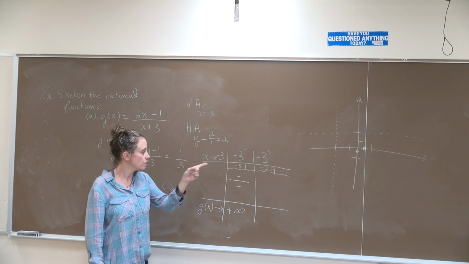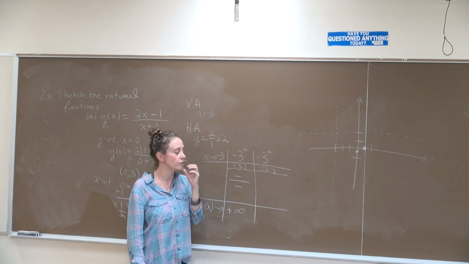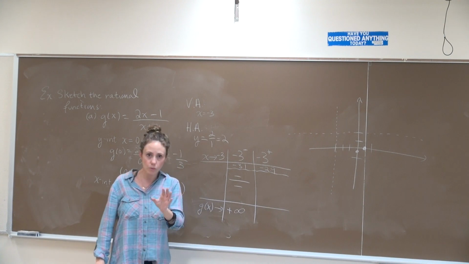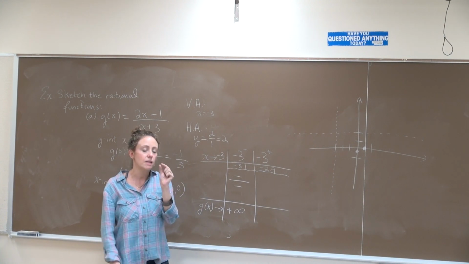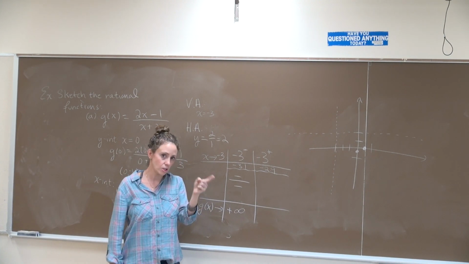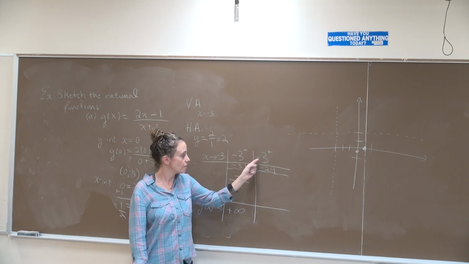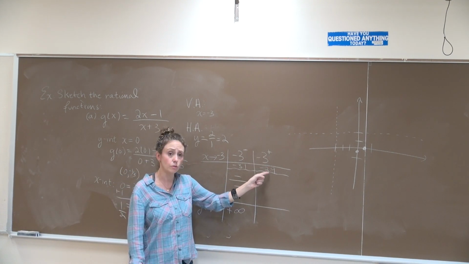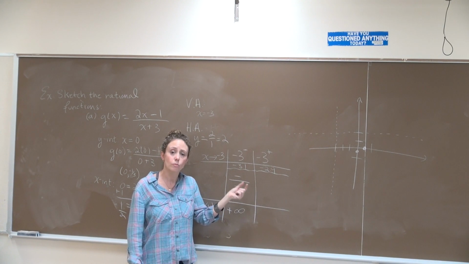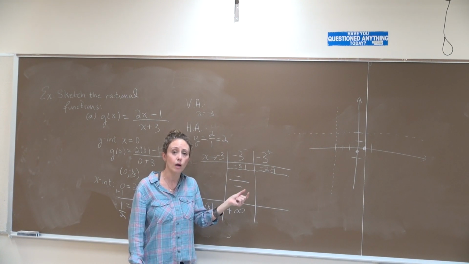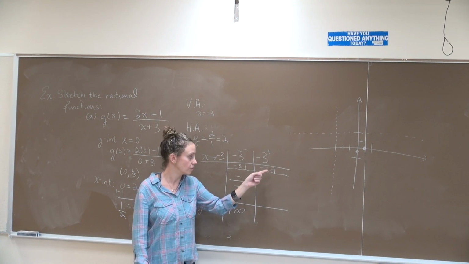Let's try one more. Let's see what happens as our x values approach -3 from the right. Now again, the number we chose to represent this, and you want to stay pretty close to the vertical asymptotes and make sure your direction's correct, is a number a little bit bigger than -3, which is -2.9. We're using that to represent the region of that value, and we're going to see if that's going to give us a positive or negative quotient.